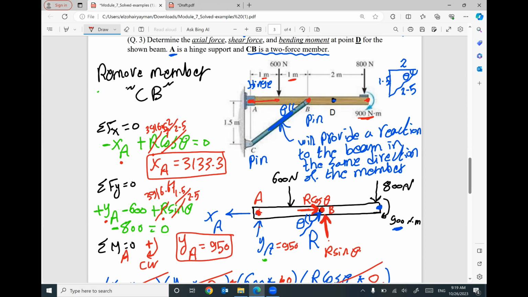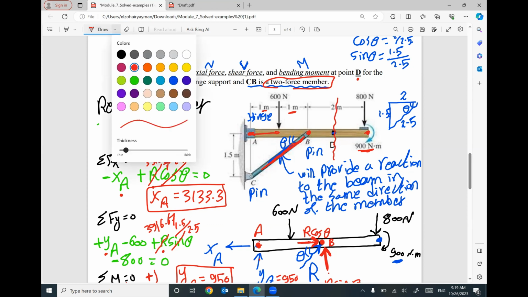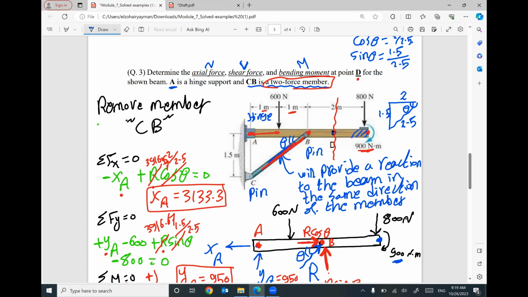I found the force in the inclined member, which is called a two force member. Now, I need to figure out the internal forces, axial force, shear force, and the bending moment at point D. The next step, I will do a cut. Then I will decide to use the right part, this part.